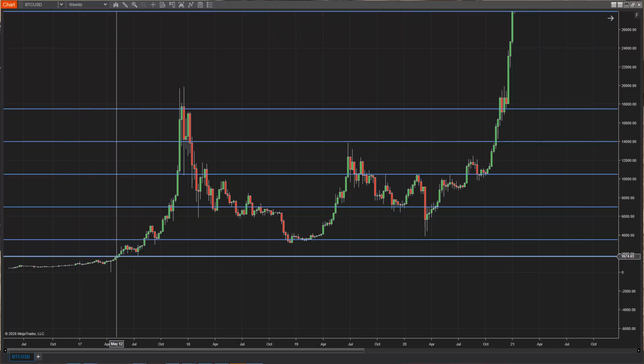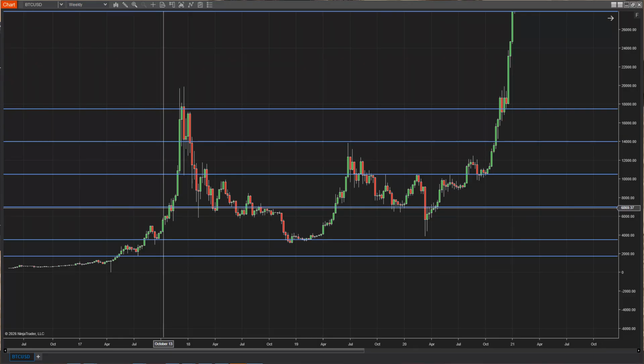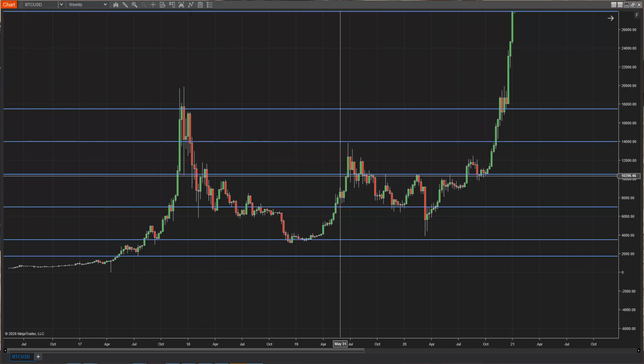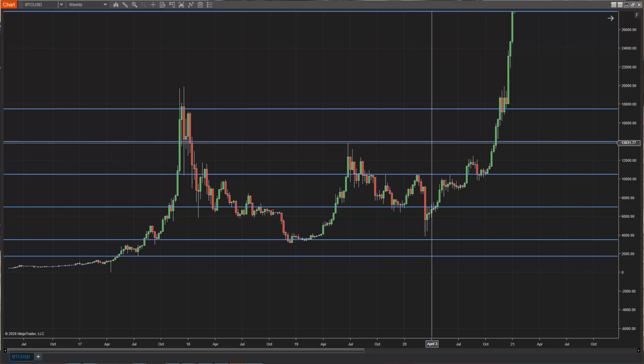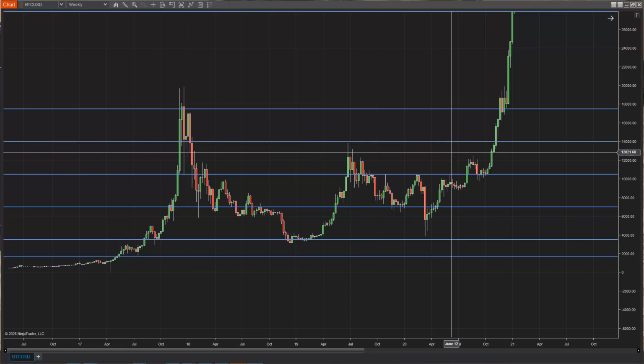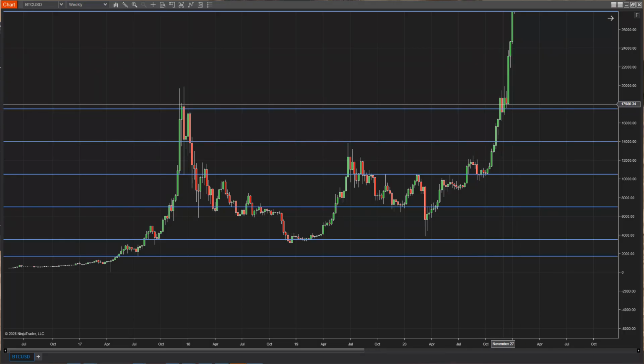So here I've got the 1,750, here's the 3,500, and then I went up to the 7,000, and then 10.5, which is just 7,000 plus 3,500. Then the 14,000 level, which was just the 7,000 times 2, and then 17.5, which is just the 14,000 plus the 3,500.